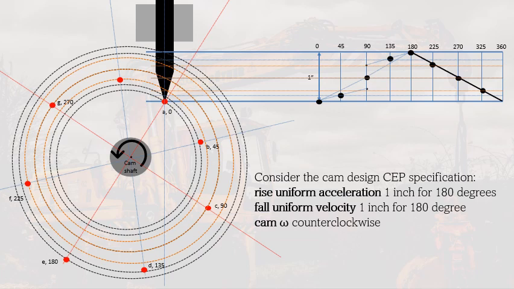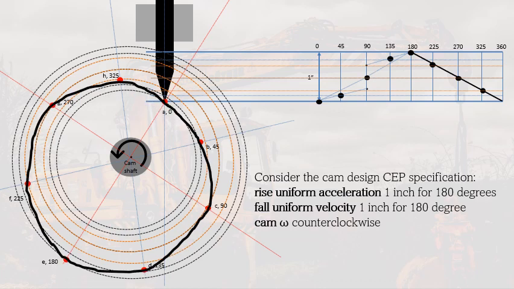So these now are our trace points, and the intersection when you draw the curve is the cam profile, because for the knife edge it will just be the same. So we are going to draw that. So this would represent now the cam profile for this offset cam follower mechanism using knife edge and having rise of uniform acceleration, fall of uniform velocity, rotating counterclockwise.